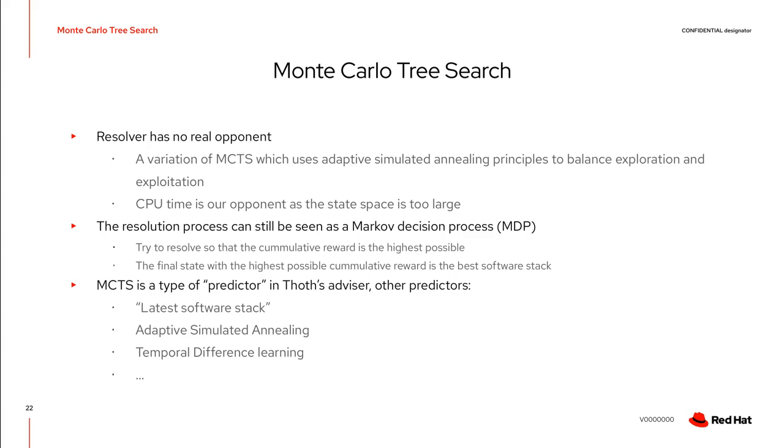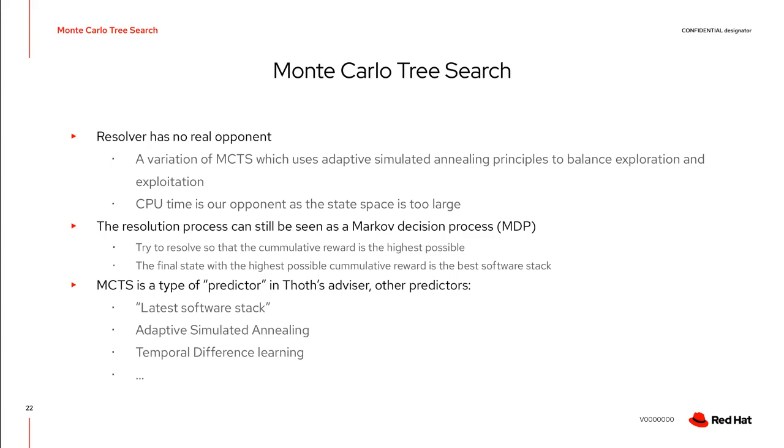So, for example, if you want to test TensorFlow with different versions of NumPy, we can pick a predictor that can narrow the resolution process to the desired set of software stacks much faster. So this is the idea of the predictor abstraction, and in the slides you will also see other abstractions such as the resolver that abstracts away the resolution process that is combined with Python standards.